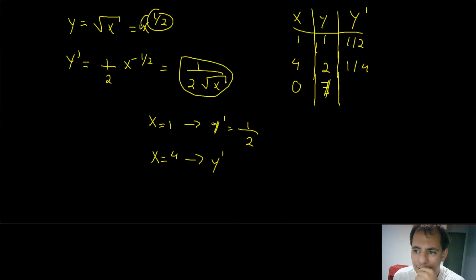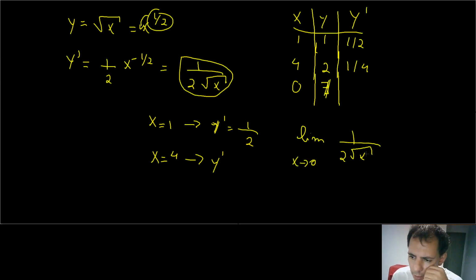Does the limit exist in there? For example, what is going to be the angular coefficient of the tangent at the point 0? Well, you see, x cannot be 0, but x can approach 0, right? So we can find the limit of 1 divided by 2 square root of x as x approaches 0.